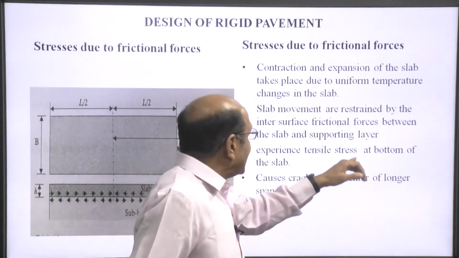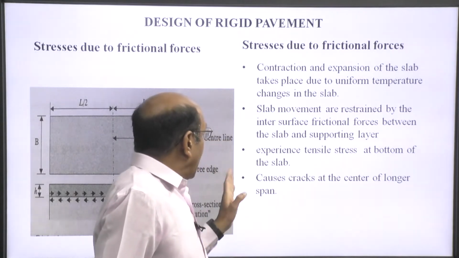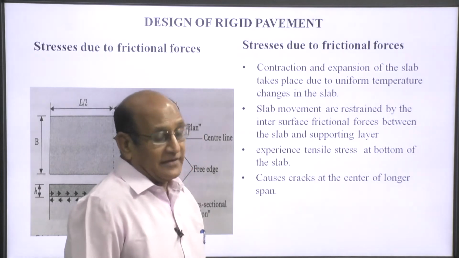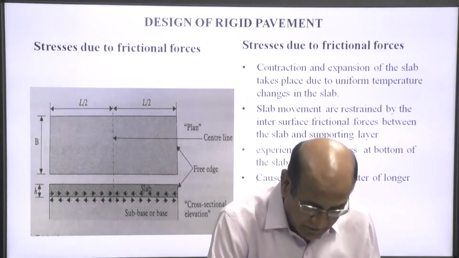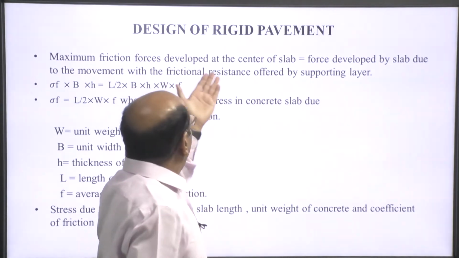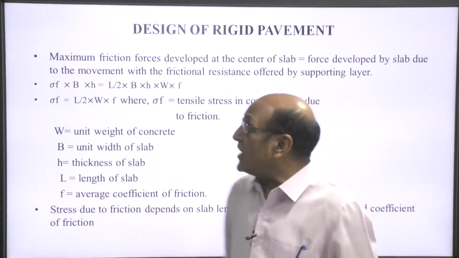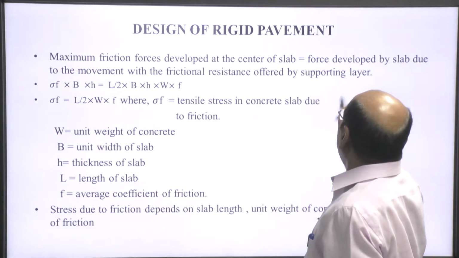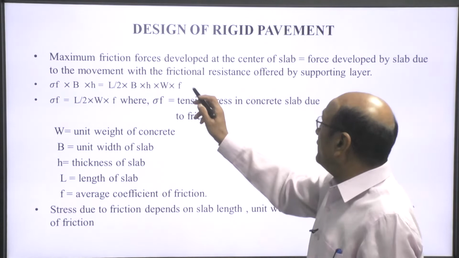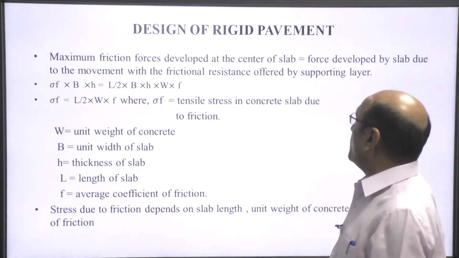The slab experiences tensile stress at the bottom, and this will cause cracks at the center of the longer span. The maximum friction force is developed at the center of the slab, and that will be equal to the force developed by the slab due to the movement with the frictional resistance offered by the supporting layer.